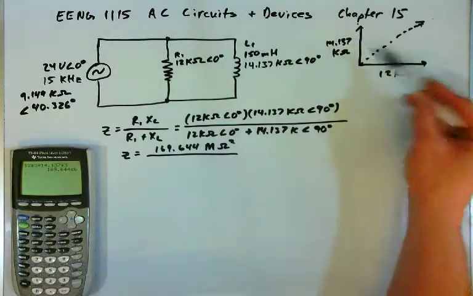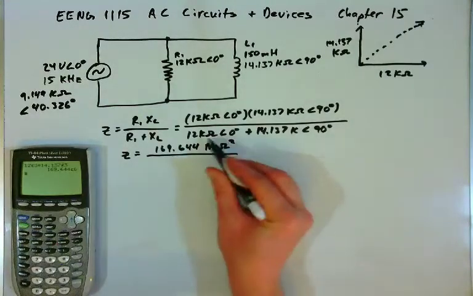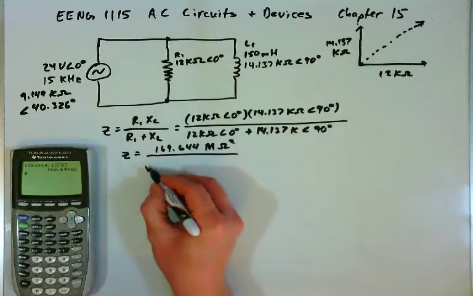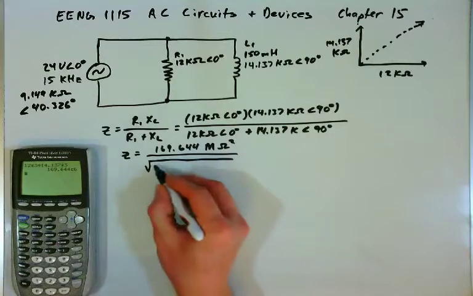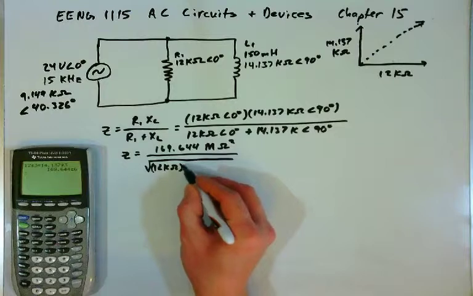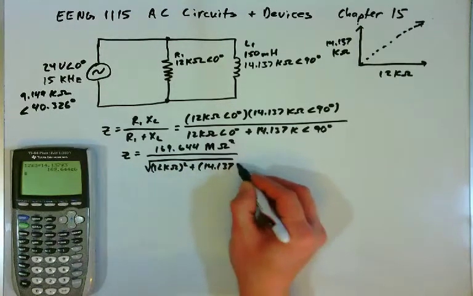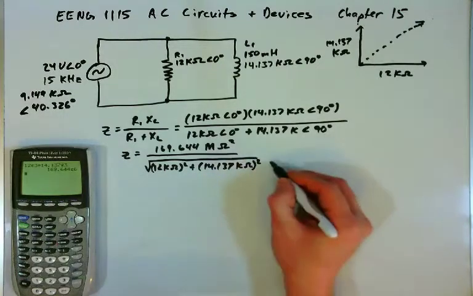And so we can find the magnitude by applying the Pythagorean theorem. The magnitude of this sum will be the square root of 12 kilo ohms squared plus 14.137 kilo ohms squared. That will give us the magnitude.